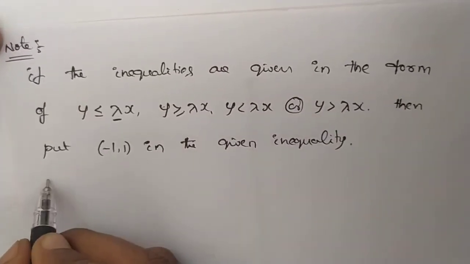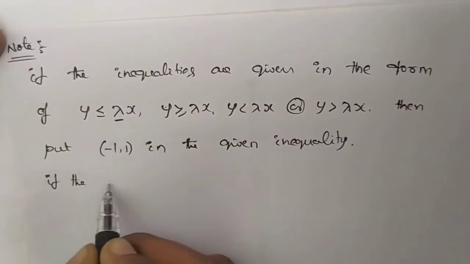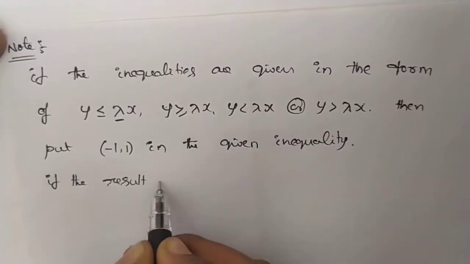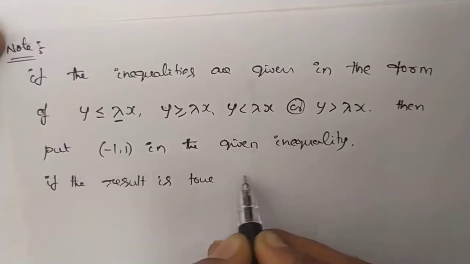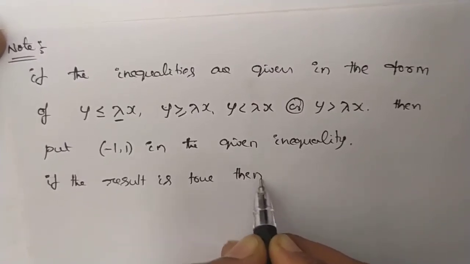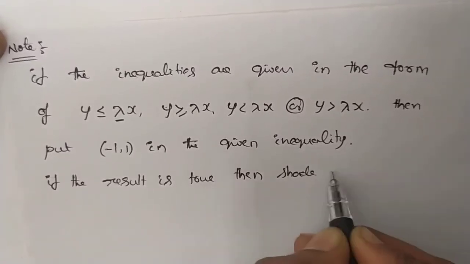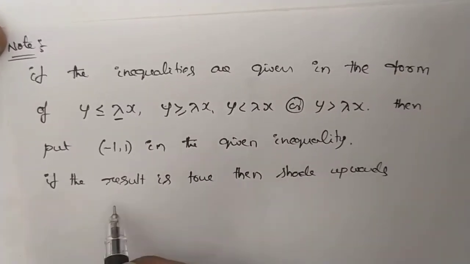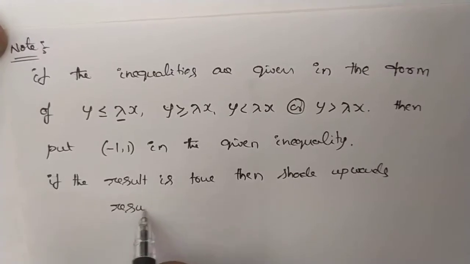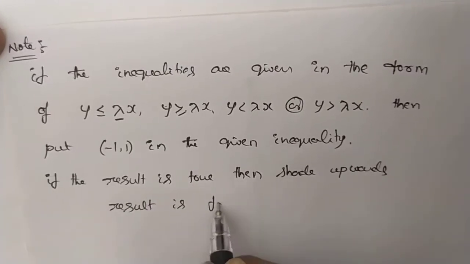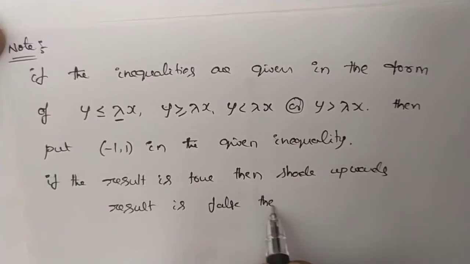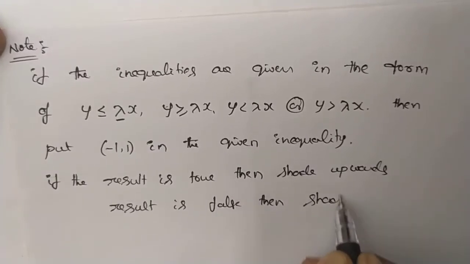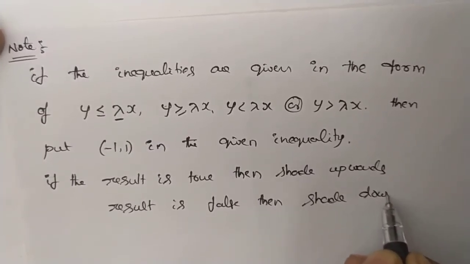If the result is true, then shade upwards. If the result is false, then shade downwards.